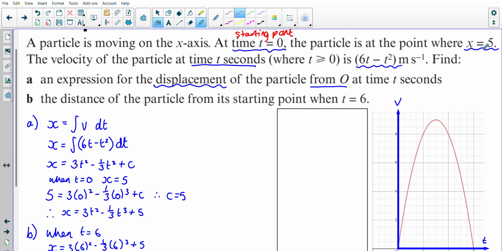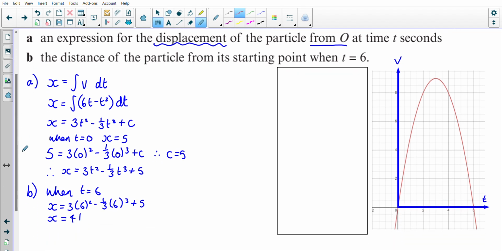Well, the particle was already at x equals 5. So the expression for the displacement we found in A was from O, but its starting point was already 5 meters from O.